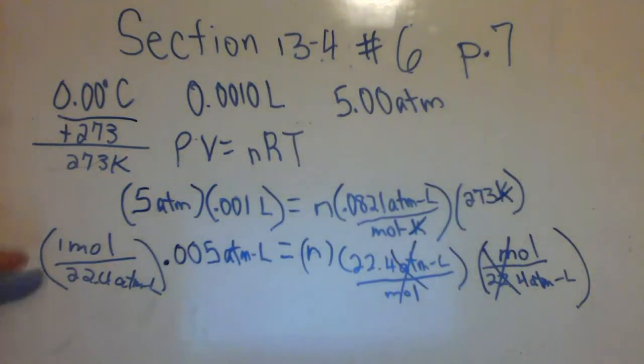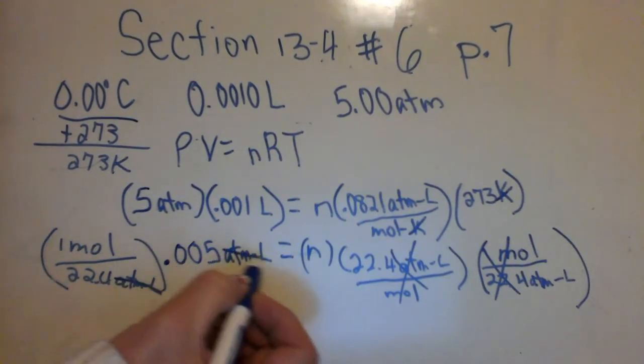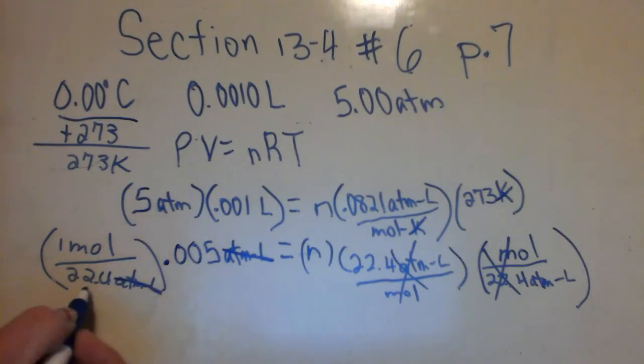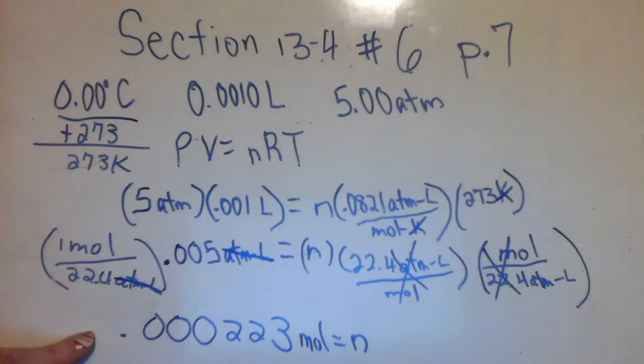On this side, both fractions cancel one another out. When we come over here, we see that these two units cancel these units out, and we're left with moles. And now we have to do the math. When we divide 5/1000ths by 22.4, we come up with 223 thousandths. Now we need to change this to scientific notation.